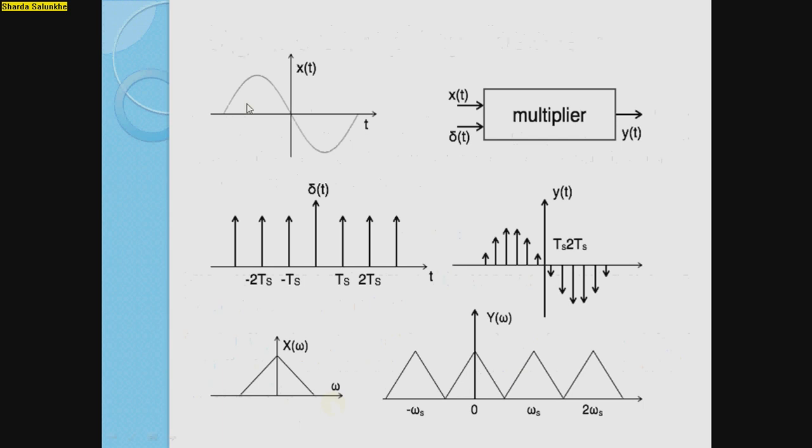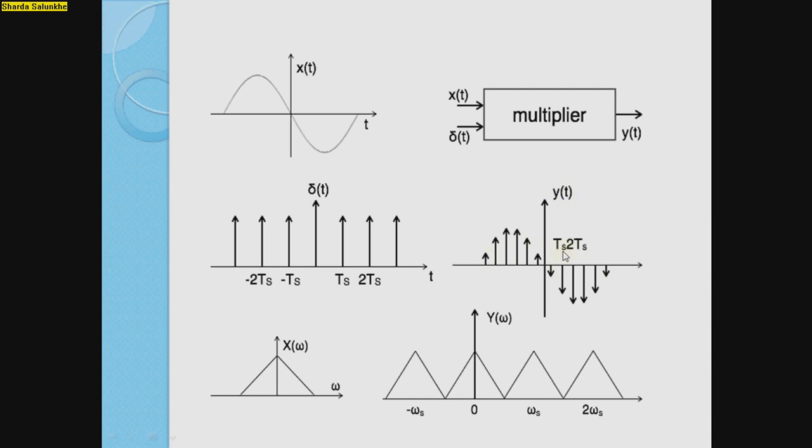You can see this figure. Suppose this is your signal x of t, and x of t and delta of t, that is the pulse train, are applied to the multiplier. So you will get the output y of t. This is your delta of t, and when x of t and delta of t get multiplied in the multiplier, you will get the sampled signal y of t, and you will get this kind of signal.